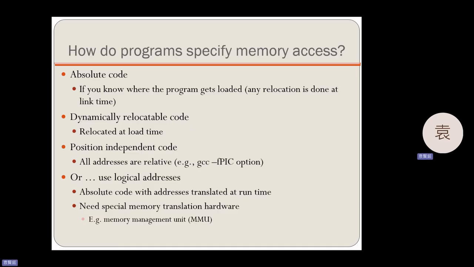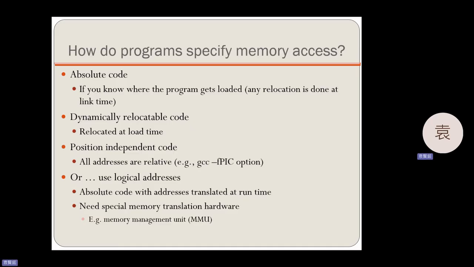During instruction execution, whenever we generate a reference to memory, before the logical address goes to the system bus, it is translated to the real physical address and then goes to the memory.